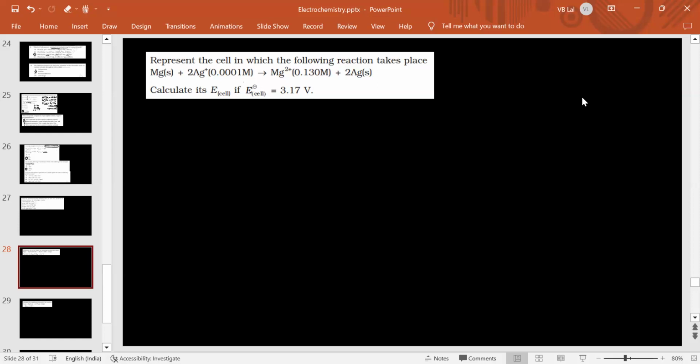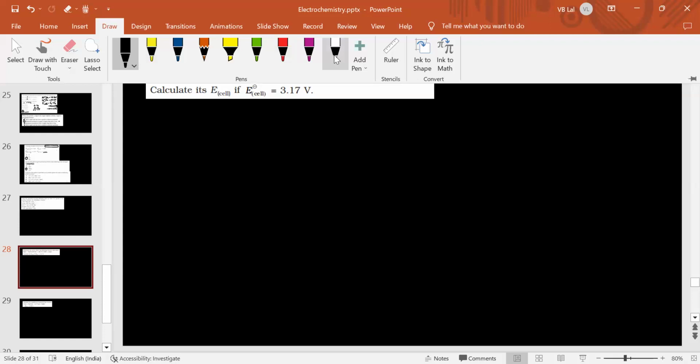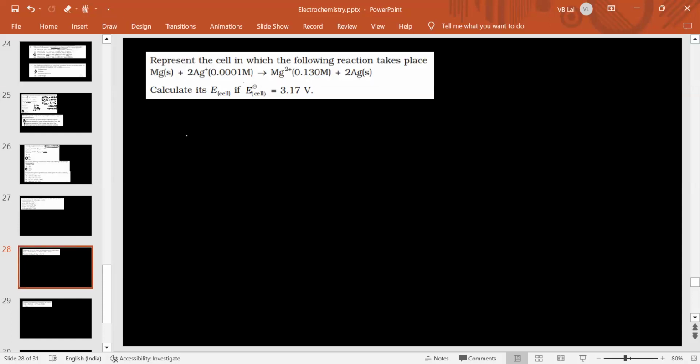Now, somebody please do this question. First, E0 cell is given there. How will we do? First, let us write the cell reaction. What is the cell reaction? Can you write? Magnesium is getting oxidized.